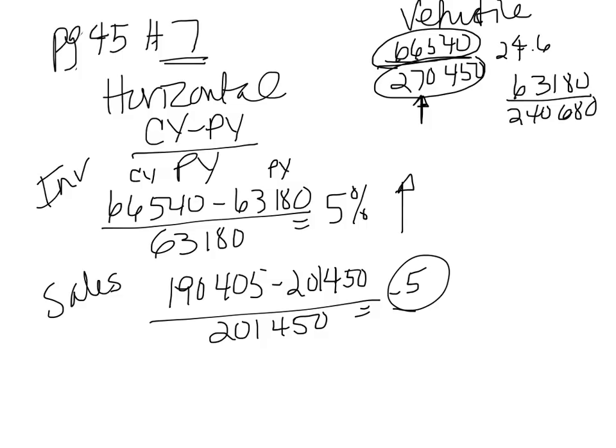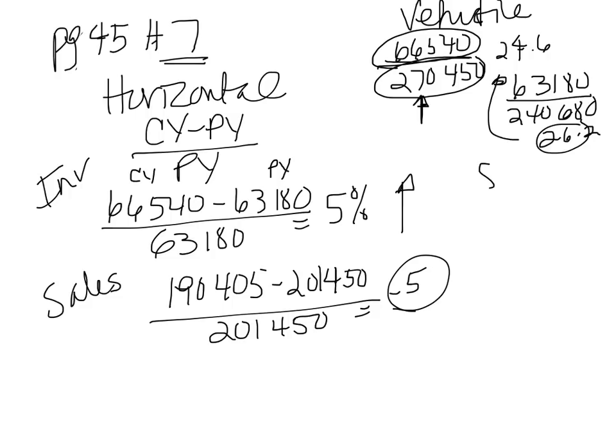That's going to show us that inventory is approximately 26% of our total assets, roughly 26.2%. So technically, inventory declined as a percentage of our total assets.